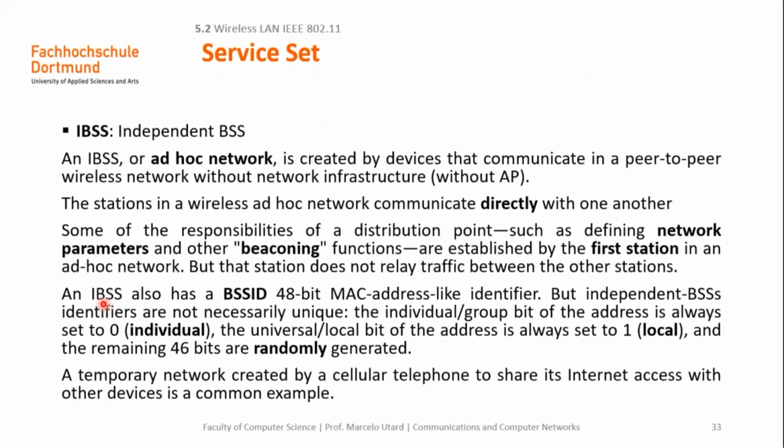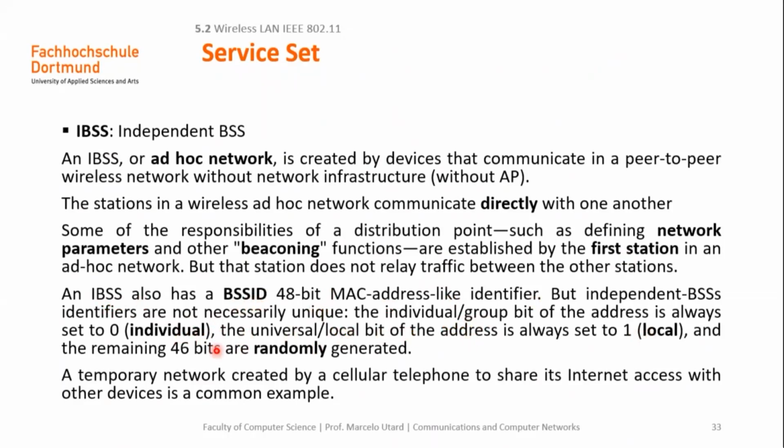And an IBSS also has a BSSID, like in the case of the infrastructure BSS. But in this case, this BSSID has typically the individual/group bit set to individual and the universal/local bit set to local.